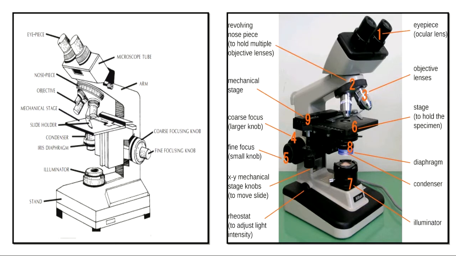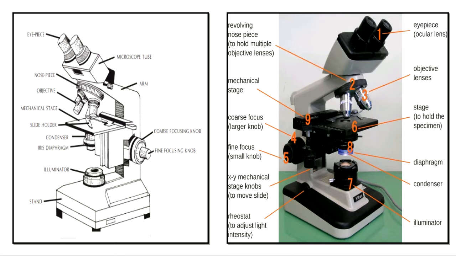There are different lenses which we use: 4x, 10x, 40x, oil immersion, like this. 4x means initially to scan the lesion, we use 4x. Then if you want to magnify it and see, we use 10x. If you want to magnify further, you will see in 40x, right? So number three is the objective lenses.